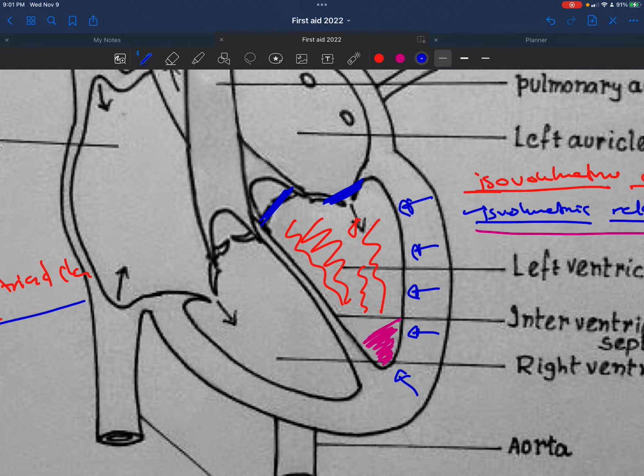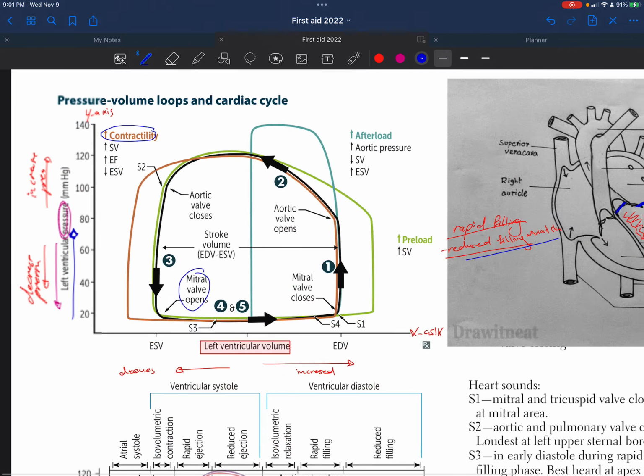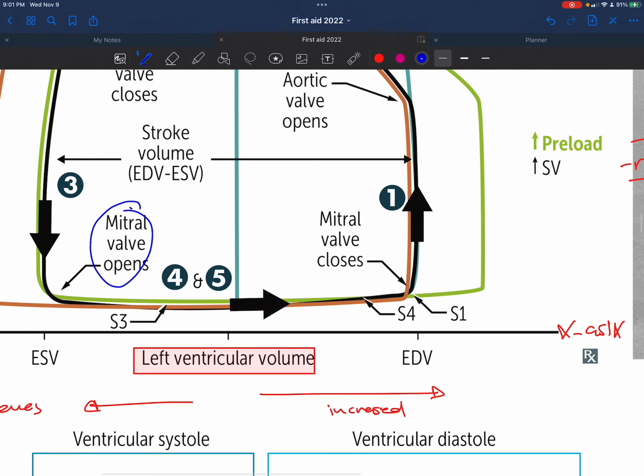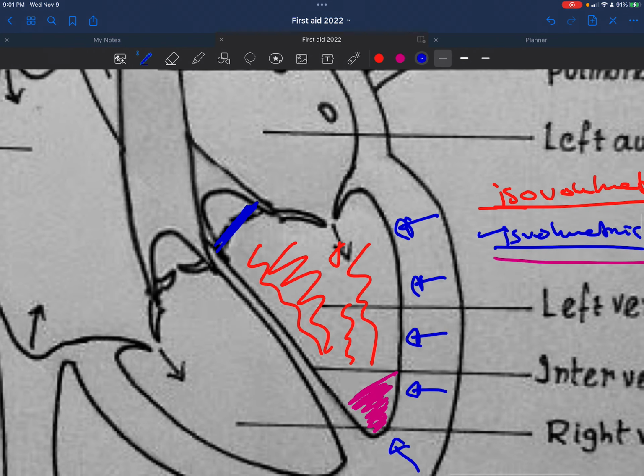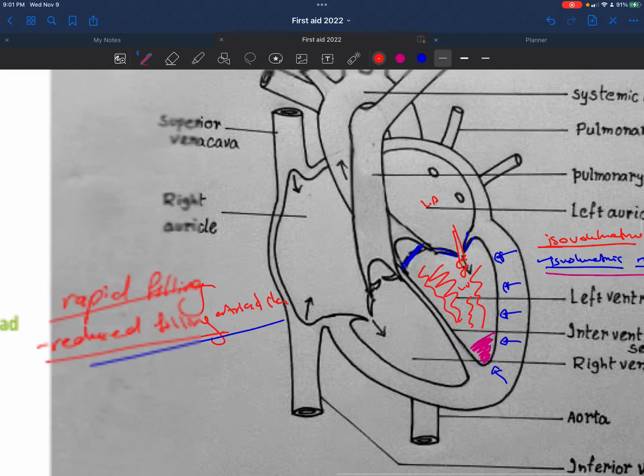There you go. Let me talk about these over here. We said that the mitral valve opens. If the mitral valve opens, it allows the blood to flow from the left atrium into the left ventricle. This is the left atrium, this is the left ventricle, and now the blood is filling.